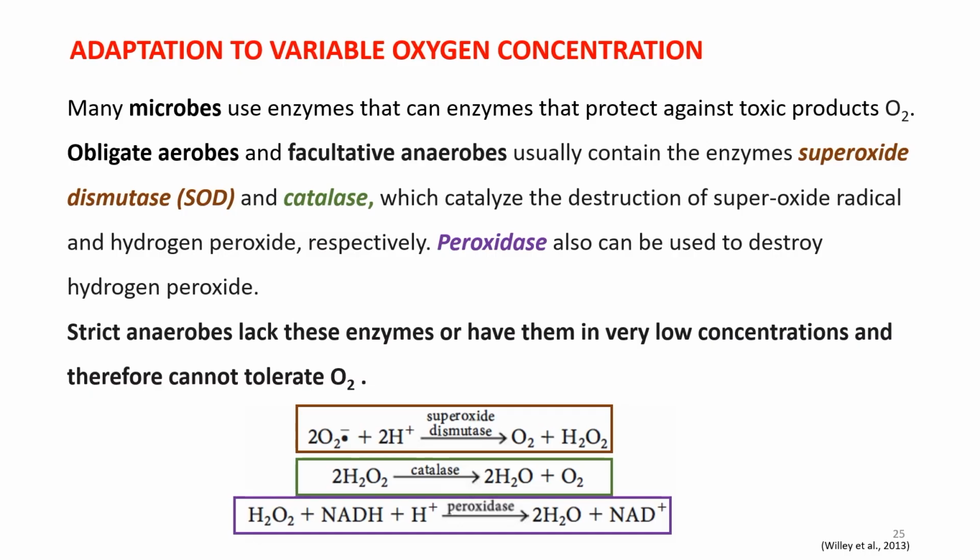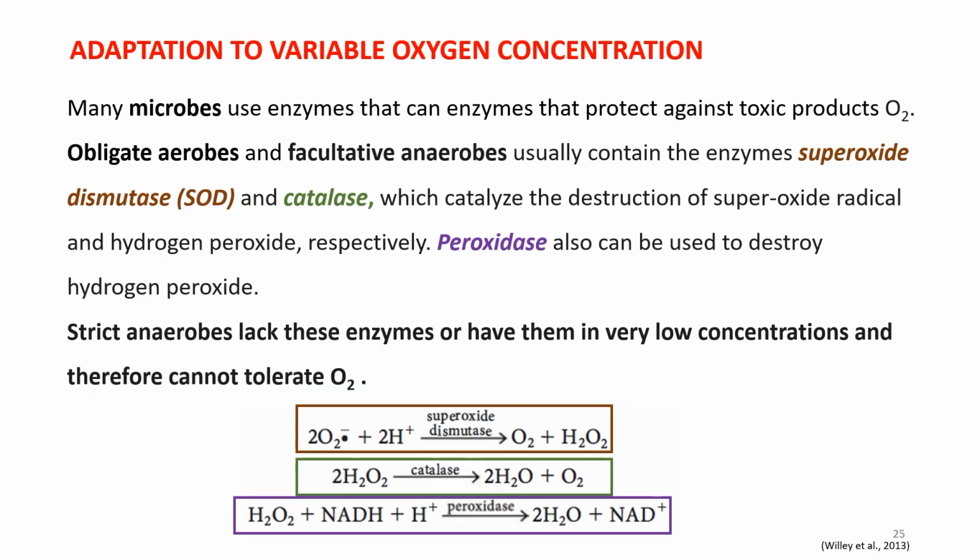Many microbes use enzymes that can protect against toxic products of oxygen. Obligate aerobes and facultative anaerobes usually contain the enzymes superoxide dismutase and catalase, which catalyze the destruction of superoxide radical and hydrogen peroxide respectively. Peroxidase can also be used to destroy hydrogen peroxide.